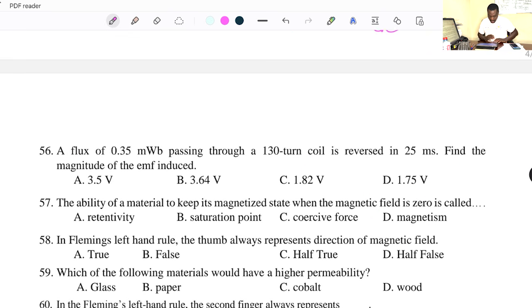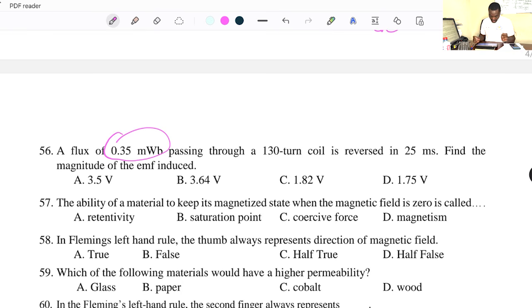Question 56. A flux of 0.35 milliweber is passing through a 130 turn coil and is reversed in 25 milliseconds. Find the magnitude of the EMF induced. So here we have been told this is reversed.